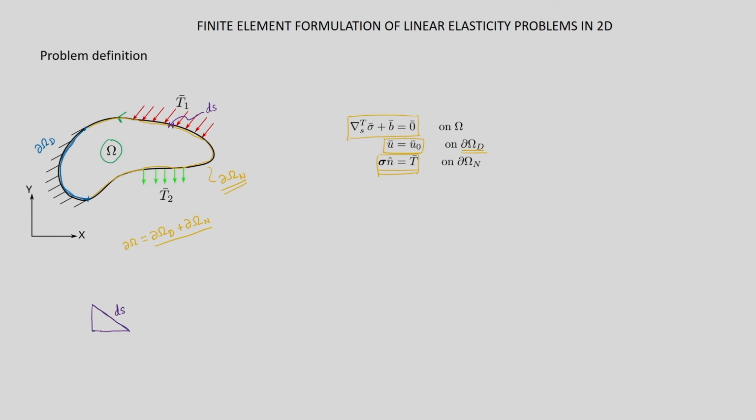The corresponding x component is dx and the corresponding y component is referred as dy. The normal vector to this small element ds is defined as the unit vector n. Now, so what is traction?